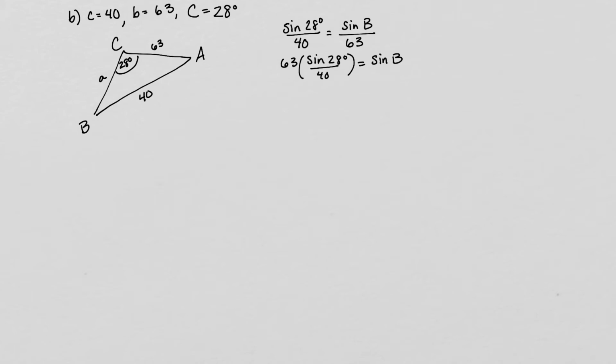So essentially what I'm doing is I'm taking the inverse sine of this side and the inverse sine of this side. So on the left side, we have the inverse sine of, I can write this a little cleaner, 63 sine 28 degrees, all divided by 40. And then on the right-hand side, that's just going to turn out to be equal to B.